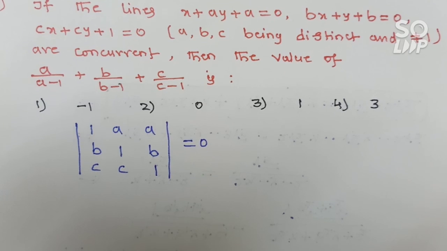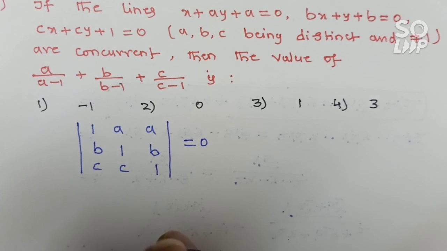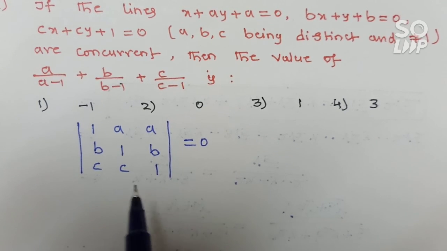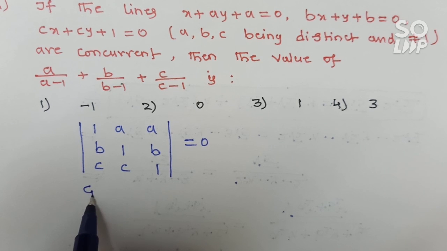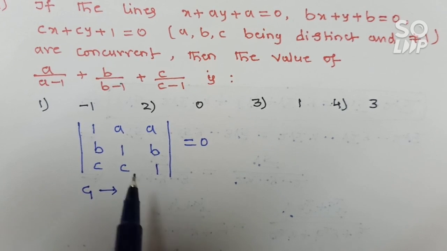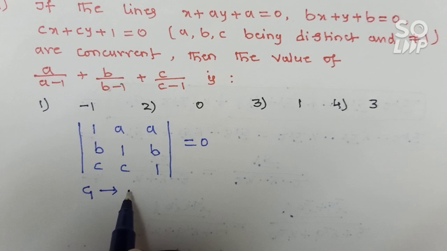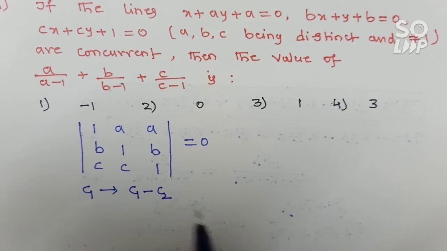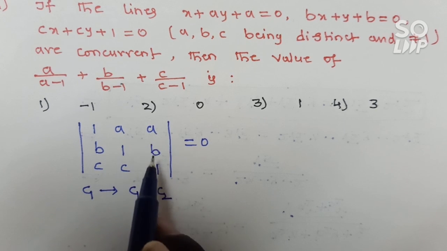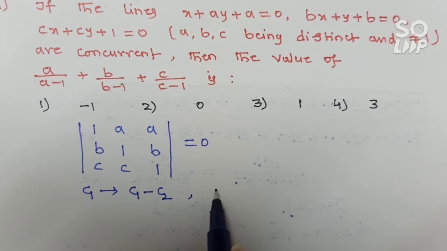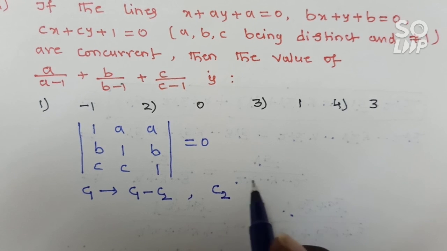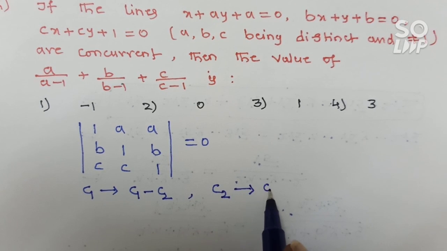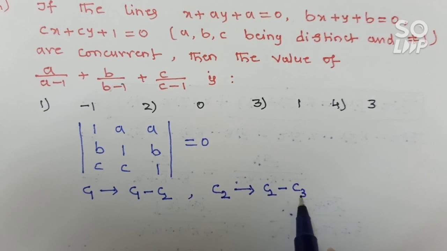Now we apply row and column operations in determinants. We know the determinant properties. Now I am going to apply the operation C1 minus C2, with no change in the second and third columns. Then apply C2 gives C2 minus C3.